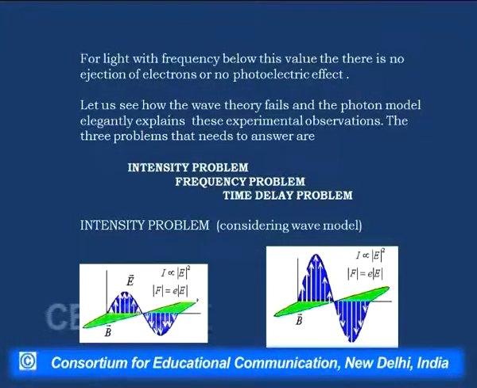If you increase the amplitude of the electric field, the intensity will increase. So, just by increasing the amplitude of the electric field, the intensity is increasing. You can see in the next figure on the right side, the amplitude of the wave is increased, and obviously the intensity of this is more.